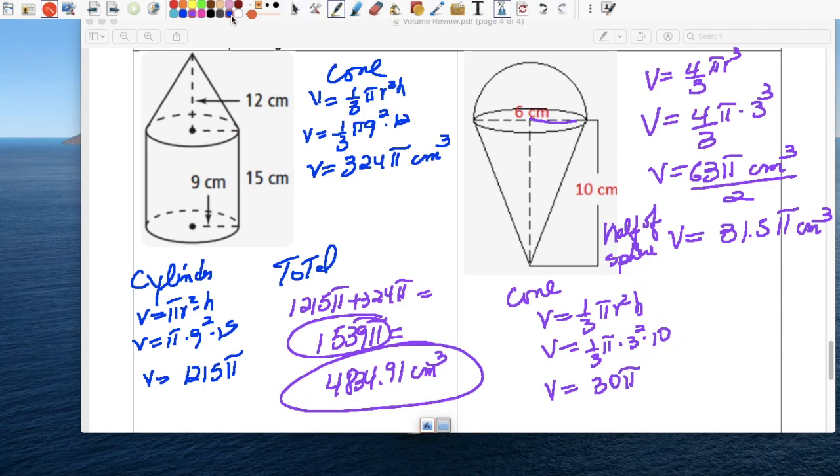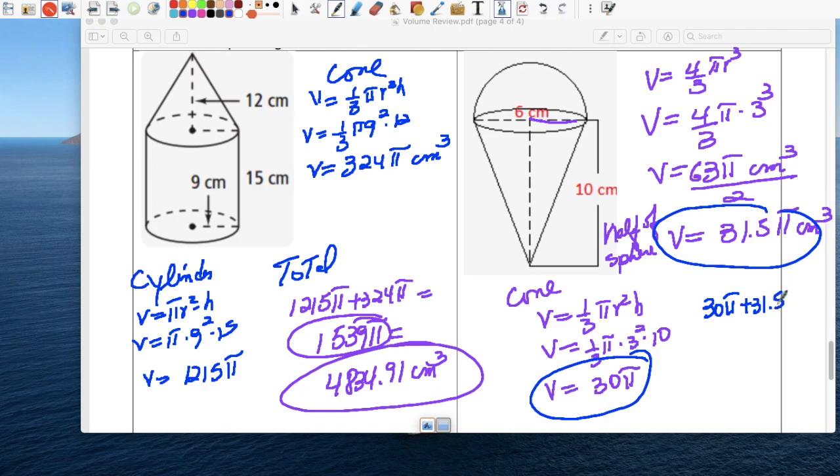Now, remember, the final answer is this and this combined, so we do 30 pi plus 31.5 pi. Treat the pi as if it was a variable. So these are the same variables, and we get 61.5 pi centimeters cubed, or 61.5 times pi, which gives us 193.21 centimeters cubed, rounded to the nearest hundredth.